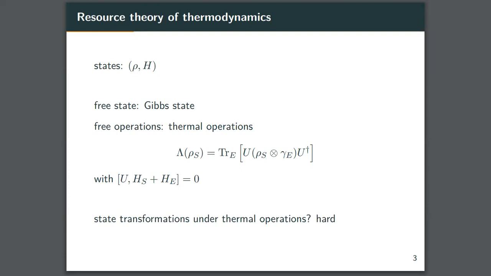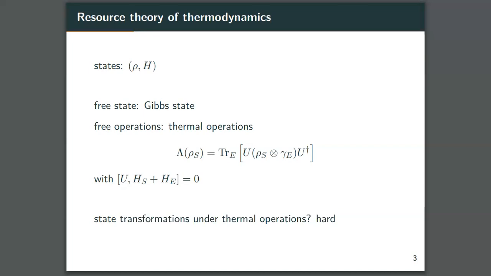And thermodynamics is kind of about state transformations. Here, the question would be: what are the state transformations allowed under thermal operations, right? We saw in Camille's talk that we have some idea in some regimes what this looks like.